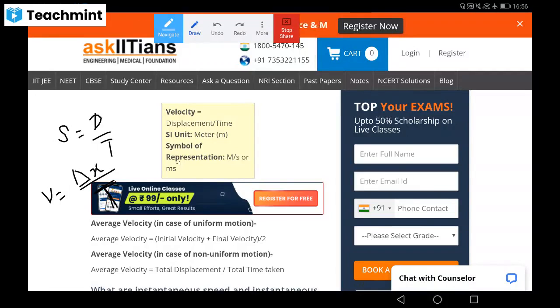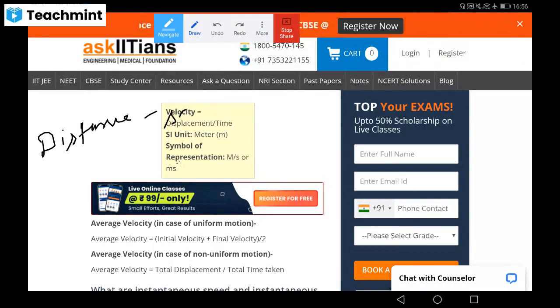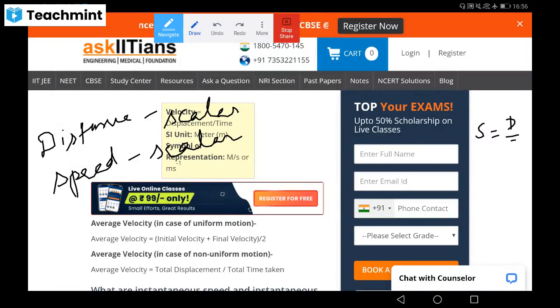So from this one thing is very clear: distance is a scalar quantity. Speed also will be scalar, because the speed formula is d by t, distance by time. So it's a scalar quantity.